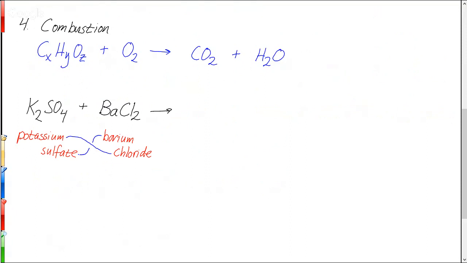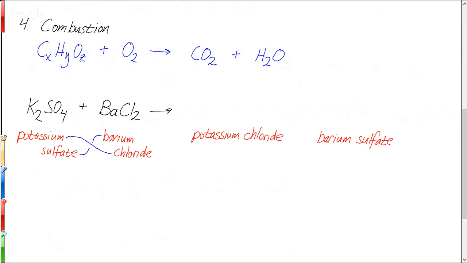So let's write the new names that we've come up with from those connections. Potassium chloride is one. And the other one is barium sulfate.